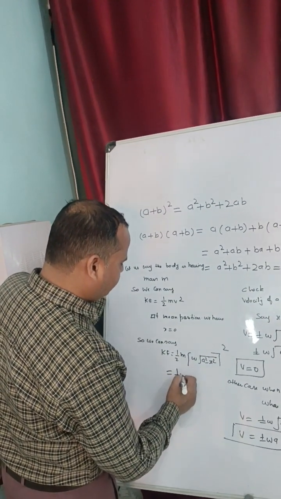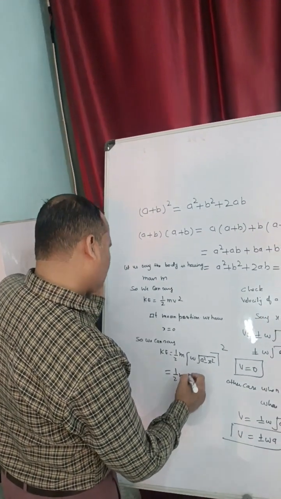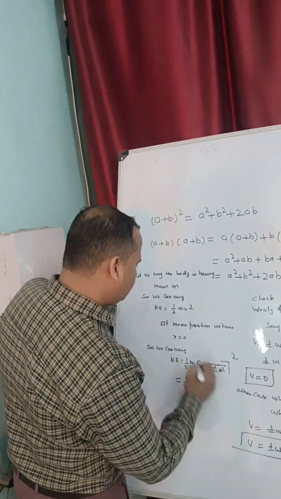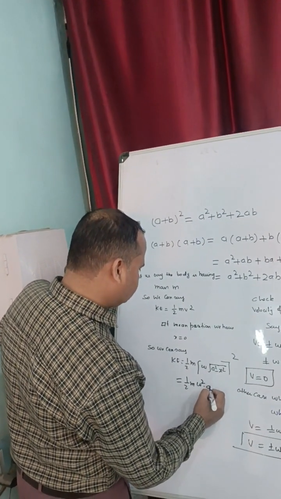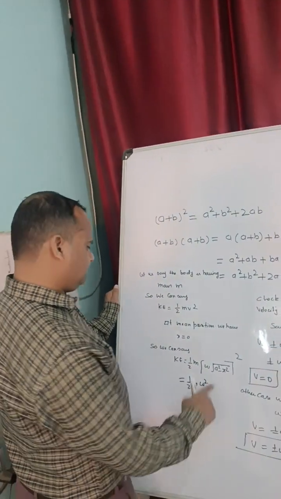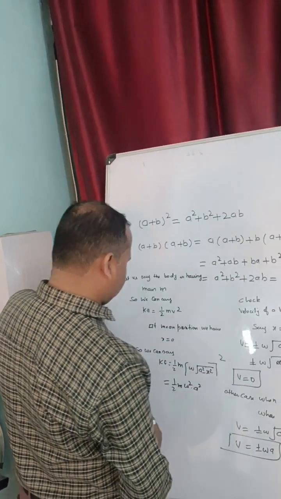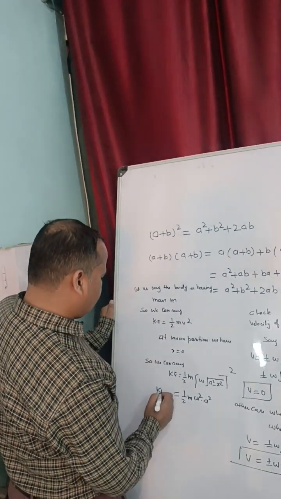At the mean position, x equal to 0, that is half of m omega square a square. This is K.